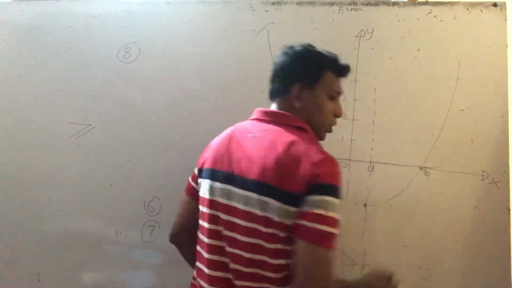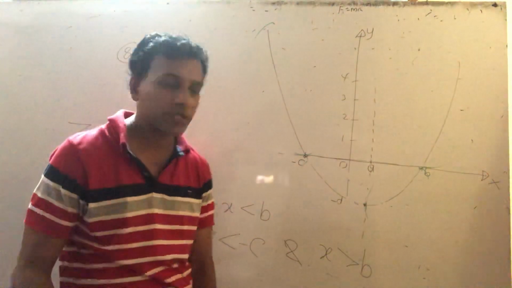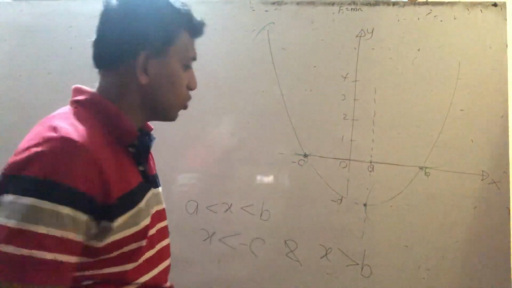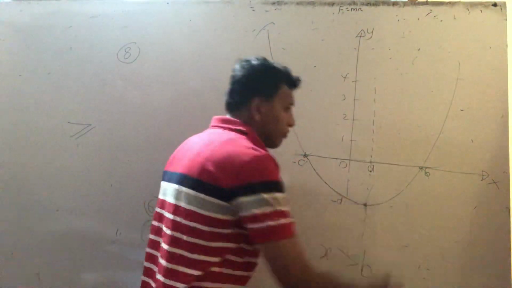Without an equation, no graphs. As a straight line, y equal mx plus c or anything. Without an equation, no graph. So now we see what the equation of the graph is.